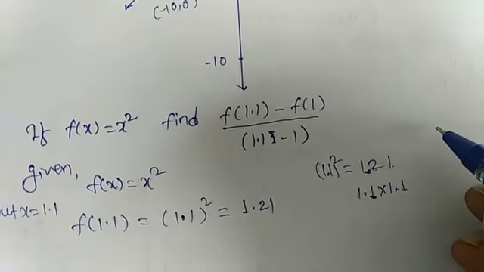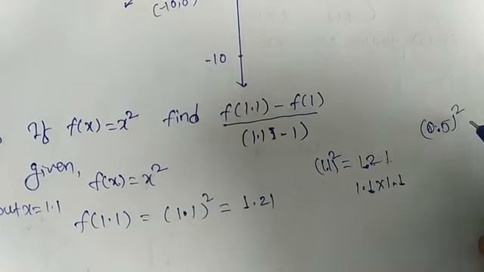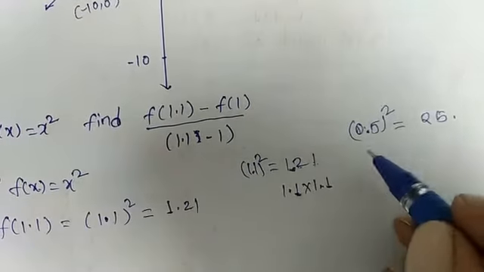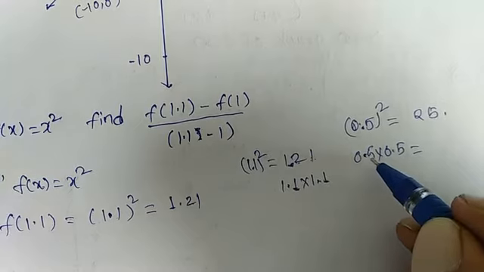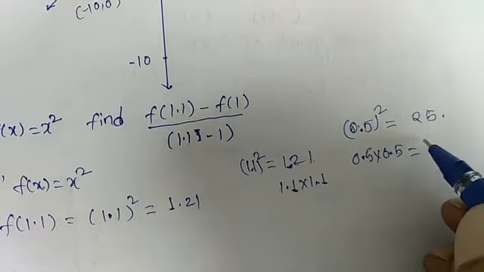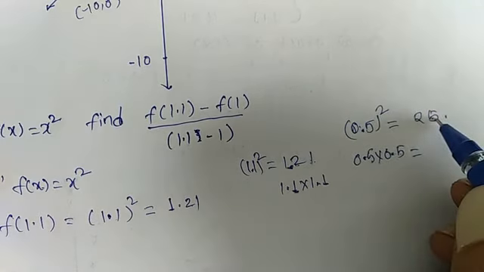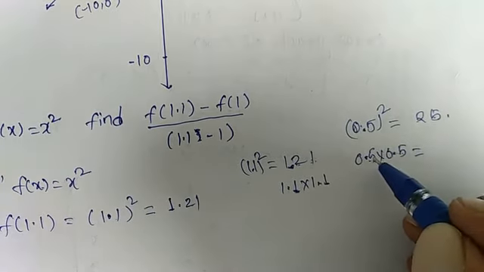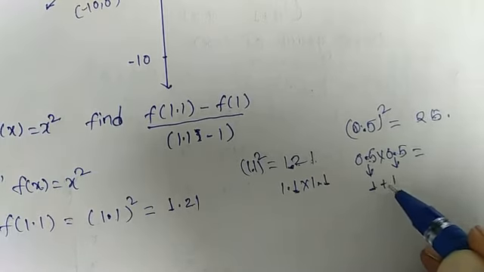If we are given 0.5 square, then 5 square is 25. Now it is a calculation of 0.5 into 0.5. After the point there is only one number here, and one number here, so 1 plus 1 is equal to 2.